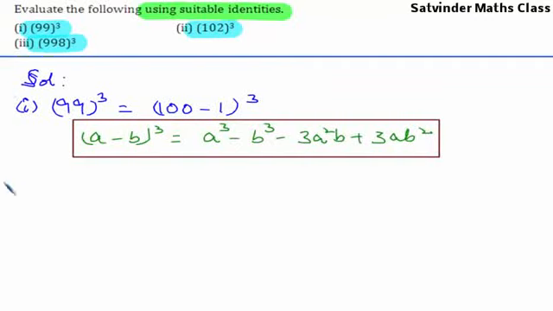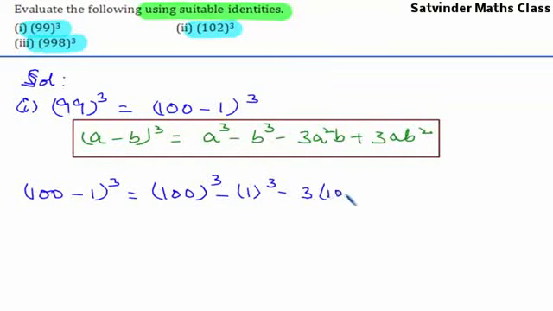Now let us solve (100 minus 1) whole cube using the identity, which will be equal to 100 whole cube minus, we have to write b cube, which is 1 cube, minus 3 into a square, which will be 100 square, into b, which will be 1, plus 3 into a, which is 100, b is 1, whole square, that would be b square.